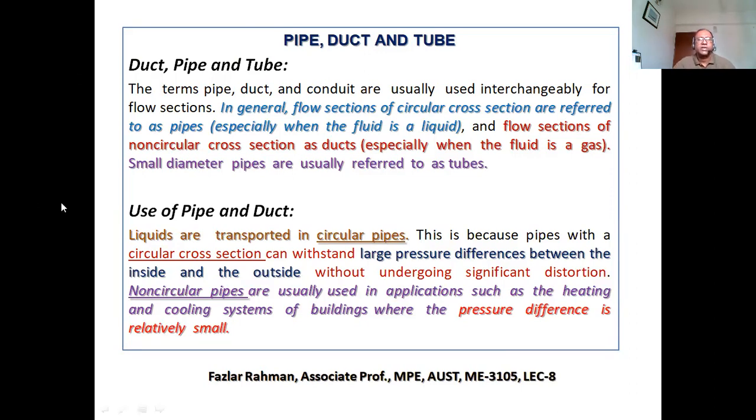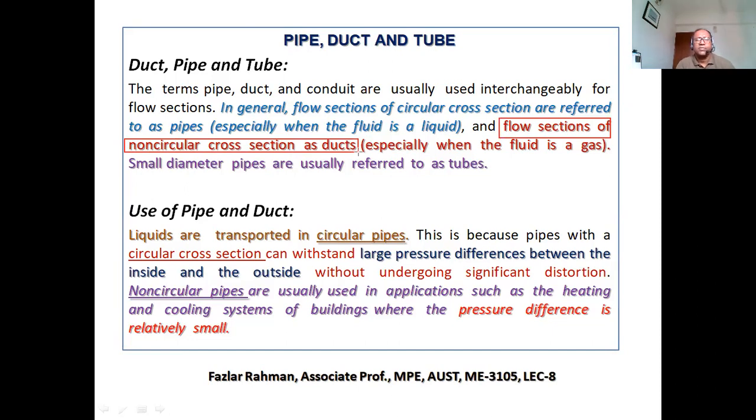Flow sections that are non-circular are called ducts. If a flow cross section is non-circular, that means rectangular, then it is called a duct. Triangular duct I have never seen, but it might exist in some situations. Rectangular duct is normally used when the fluid is a gas, or air.